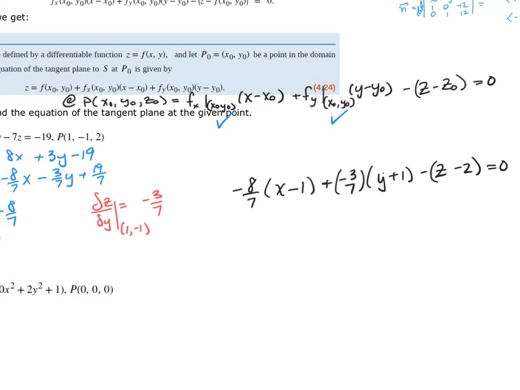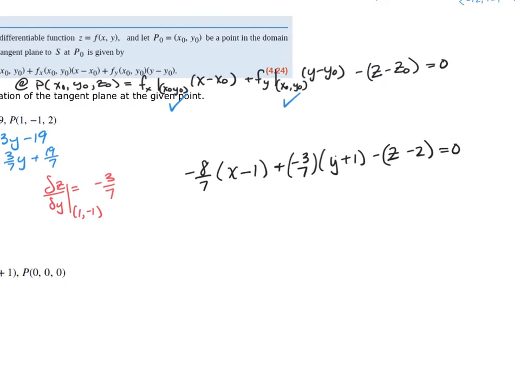And then all we're going to do is multiply everything by negative 7 because we can. So negative 8 becomes positive 8x minus 1, plus 3y plus 1, and then this becomes plus 7z minus 2 is equal to 0. Now let's write it the way that we're used to seeing, which is x, y, z on one side and all the constants on the other.